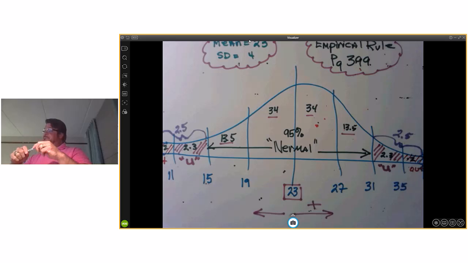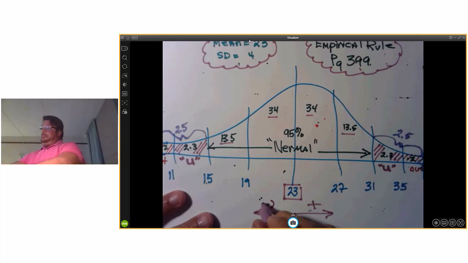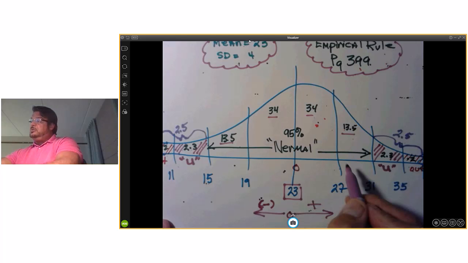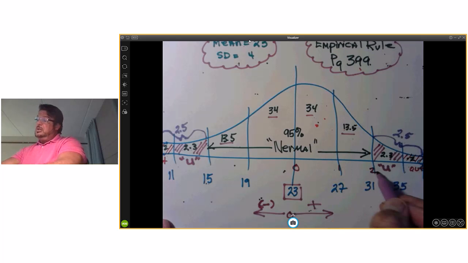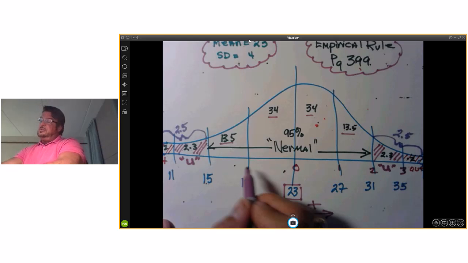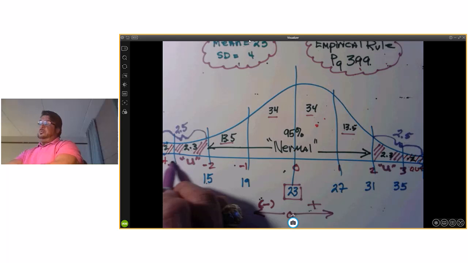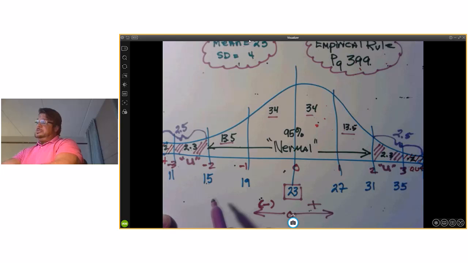Remember, positive, this is 0. Technically, this is 0. 1 standard deviation, 2 standard deviations, 3 standard deviations, -1 standard deviation, -2, -3 standard deviations. You're going to see those later with z-scores. But anyway, this is considered to be 0.